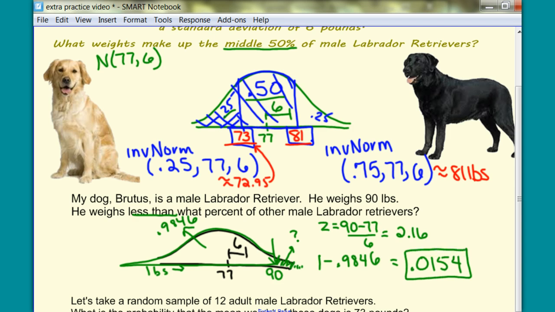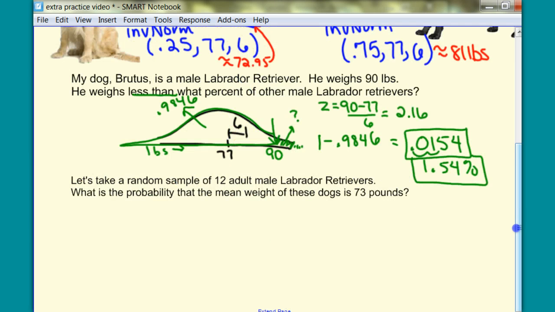In percent, that's 1.54%. There are only 1.54% of other male Labrador retrievers heavier than Brutus. So my dog is pretty darn heavy. I hope that made sense to you with the way I did some subtracting there.